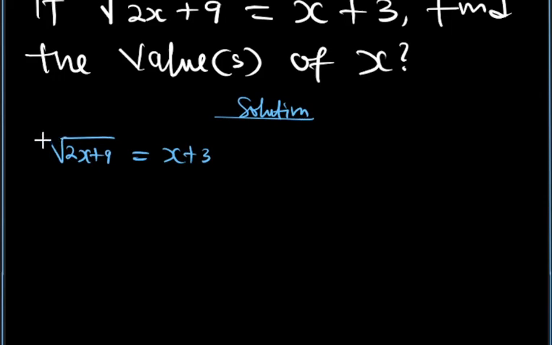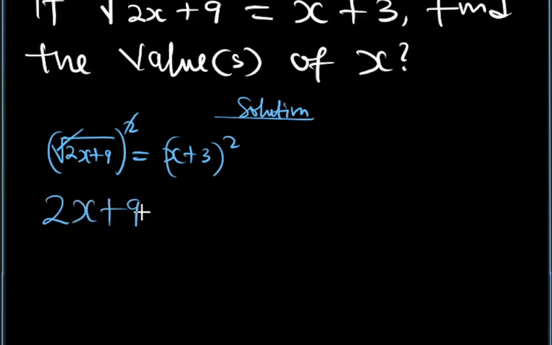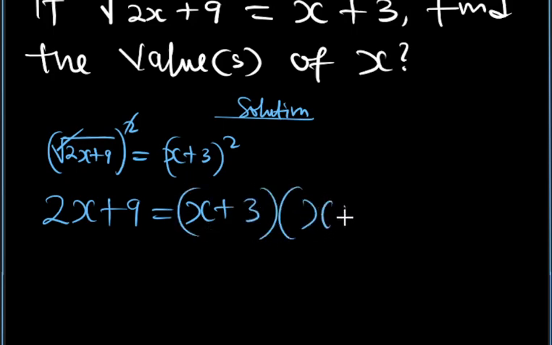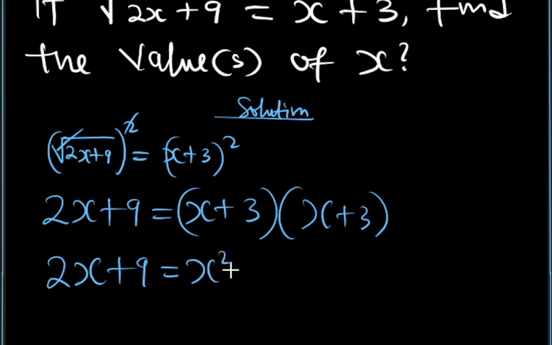So first thing we want to do is we square both sides. This cancels this, and we'll have 2x plus 9 is equal to, and we'll expand this. This becomes x plus 3, x plus 3, right? So we have 2x plus 9 is equal to x squared plus 3x plus 3x plus 9.